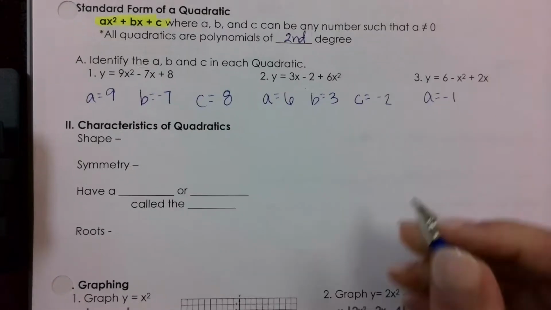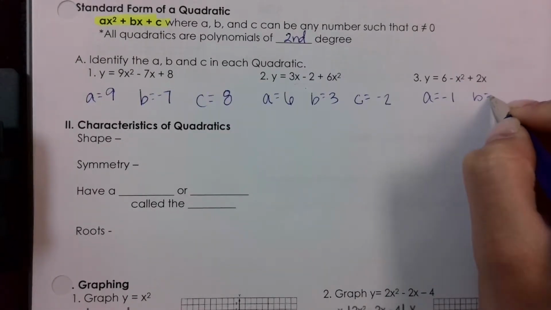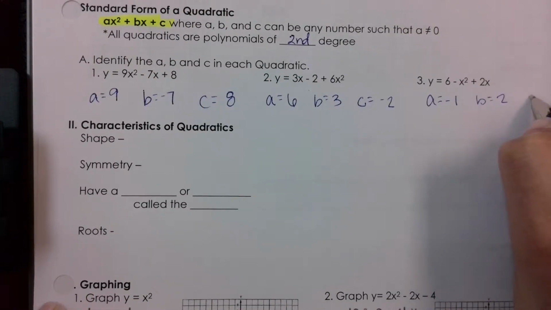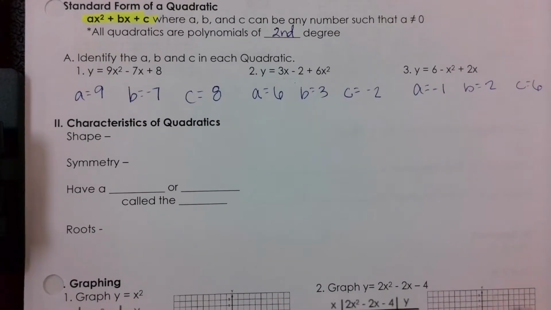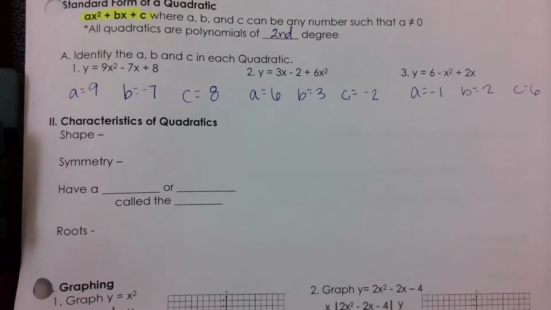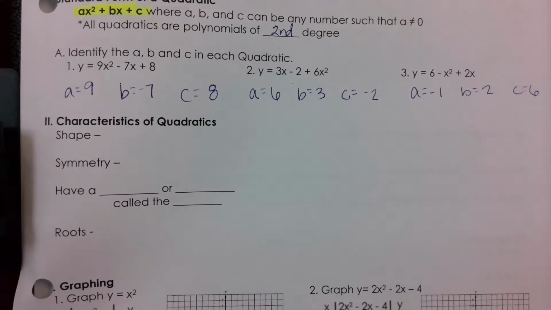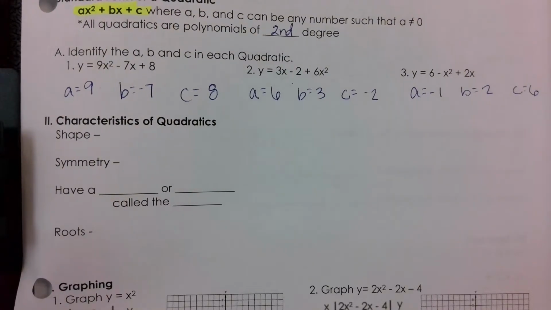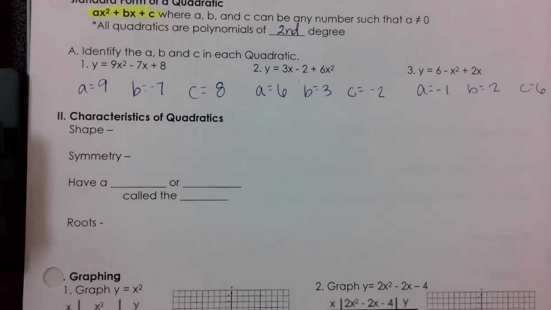Abigail, what's the b value? 2. And Ethan, what's the c value? 6. Is that okay? Questions? So we're alright with that? Okay. So that's the easy part.